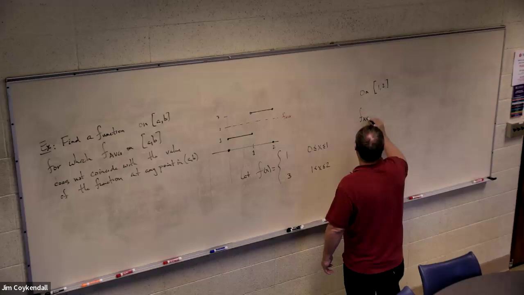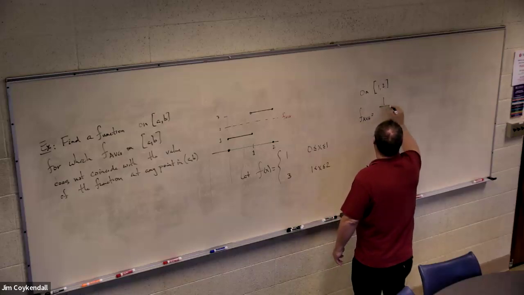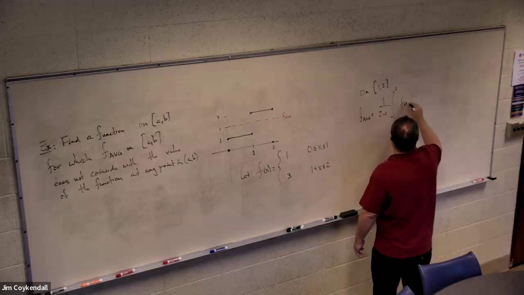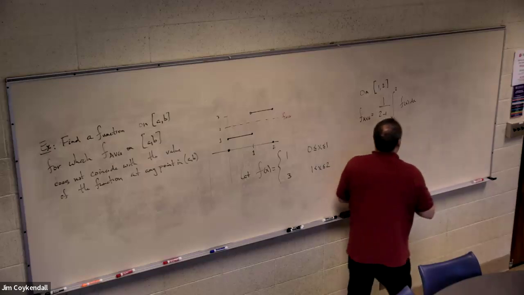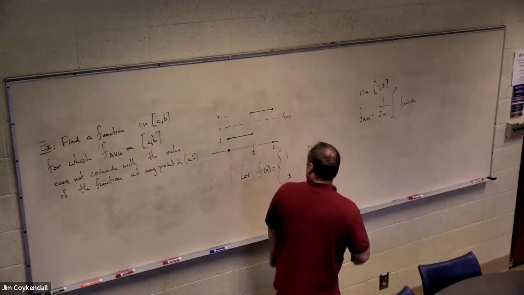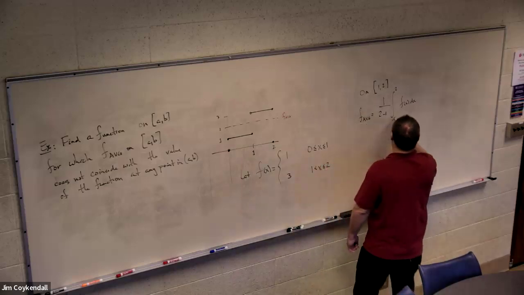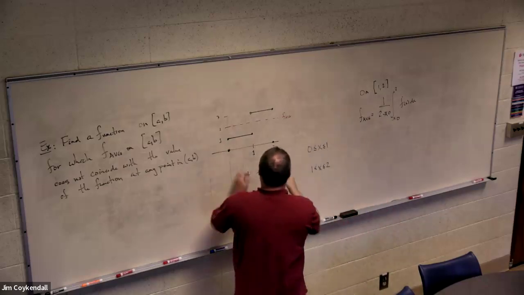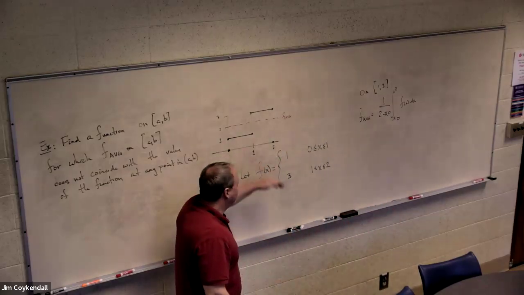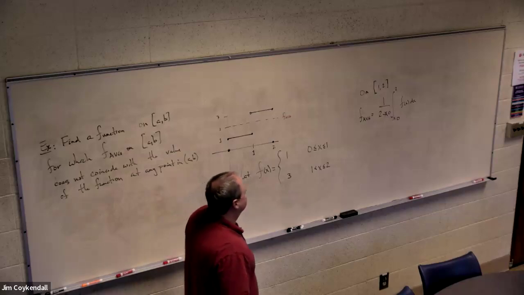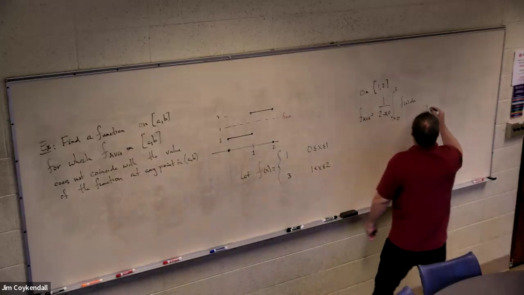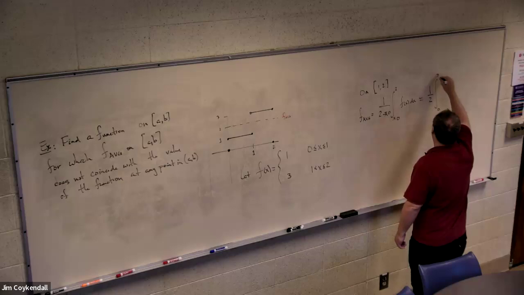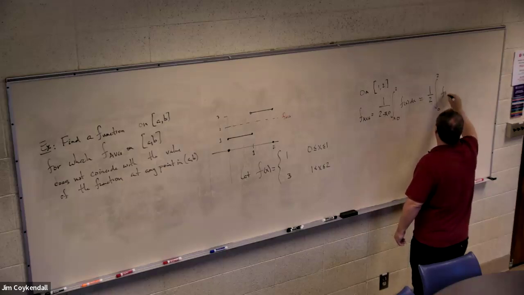The average of f is equal to 1 over 2 minus 0, times the integral from 0 to 2 of f of x dx.